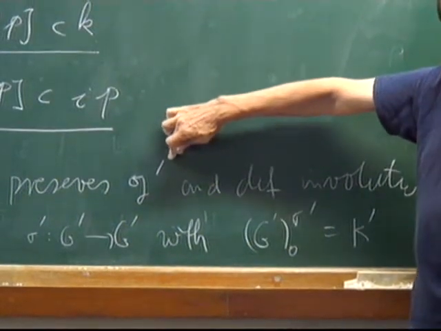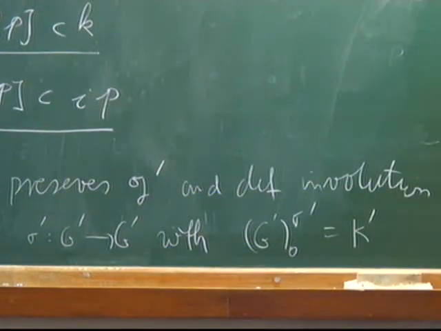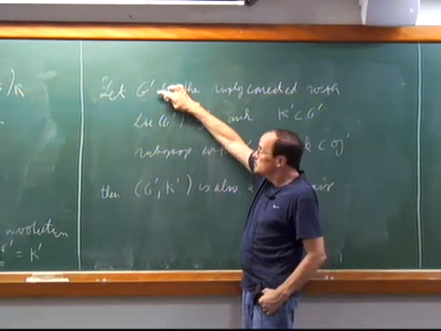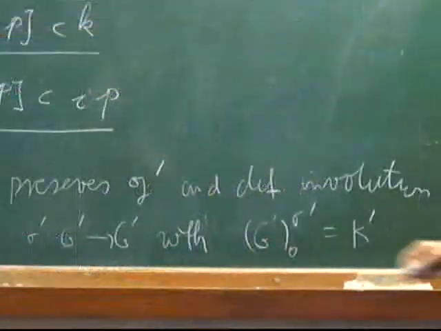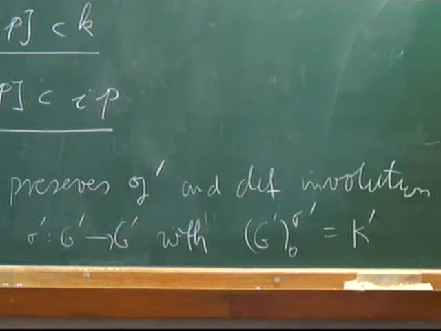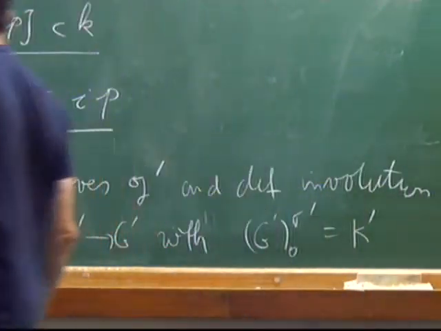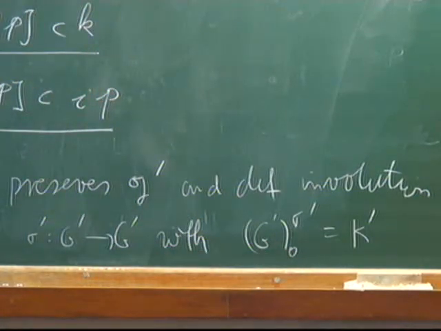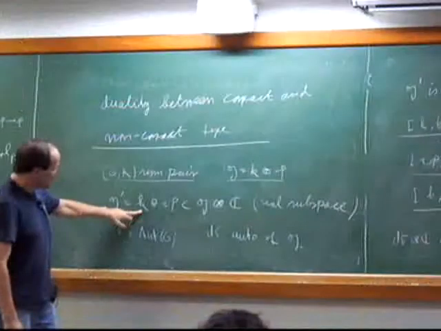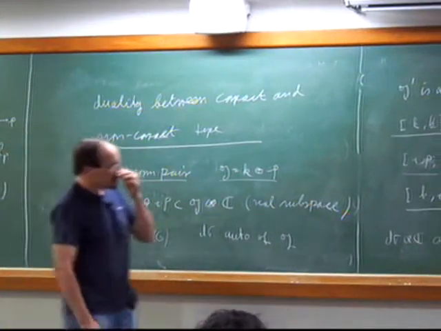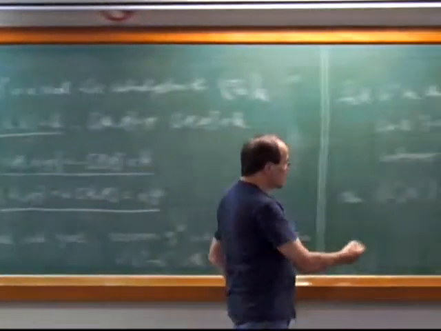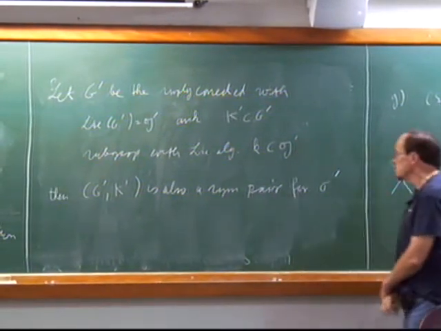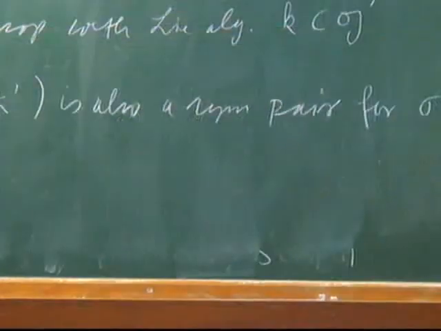I have an automorphism of G prime. G prime is simply connected. That means it extends uniquely to an automorphism of the Lie group, whose derivative is that automorphism. So that's how I got my sigma prime. And of course, what's the identity component? At least I can tell from the Lie algebra what's fixed by d sigma prime. Well, that's precisely K. Here it's minus identity again. So that makes this into a symmetric pair for this involution sigma prime.